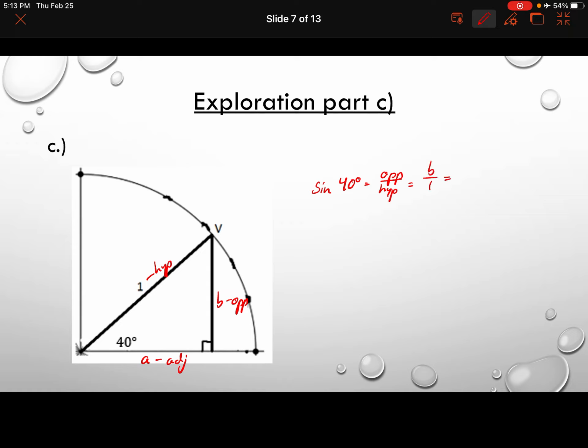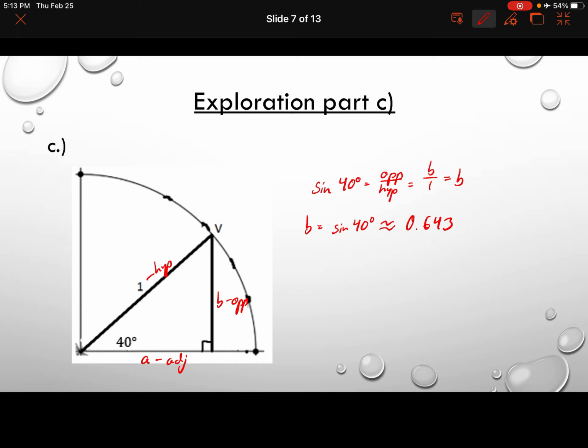Anything divided by 1 is just itself. So B is equal to the sine of 40 degrees, which is not going to be as nice a number as 0.5. Rounded to 3 decimal places, 0.643 is the opposite side.